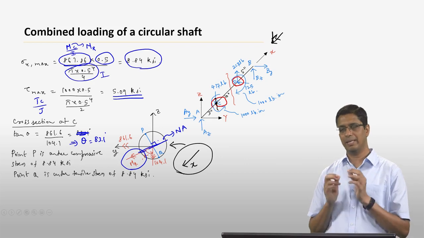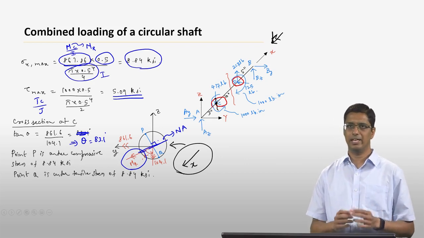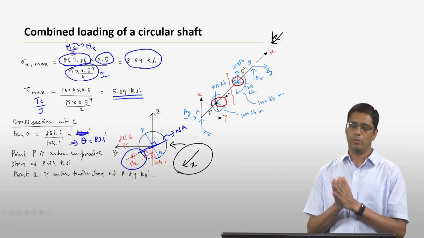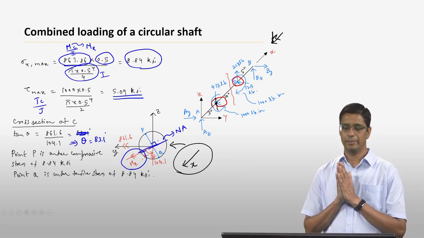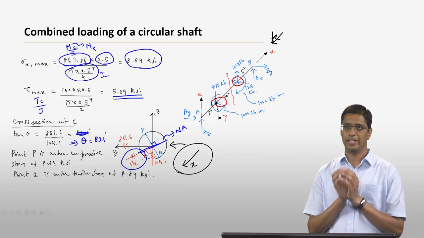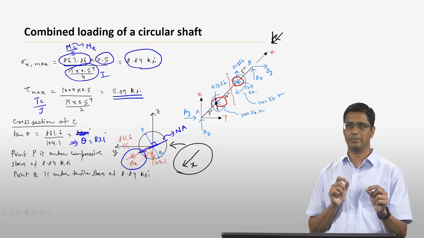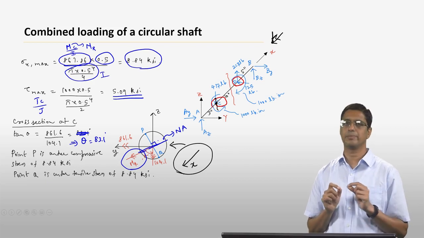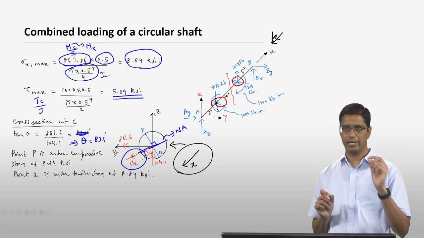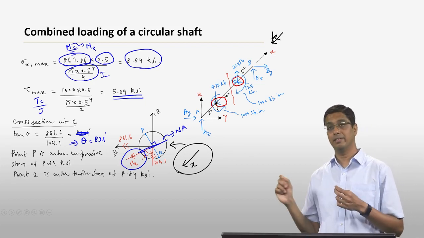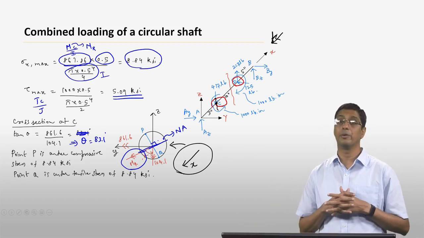So we know that the maximum stress point in this particular shaft has to lie at the cross-section at point C. Once we know that, we can zoom in and figure out exactly which point within that cross-section is going to have the maximum bending stress, which in this case is point P and point Q. One is going to have a tensile bending stress, the other a compressive bending stress, and we know exactly how to find those.